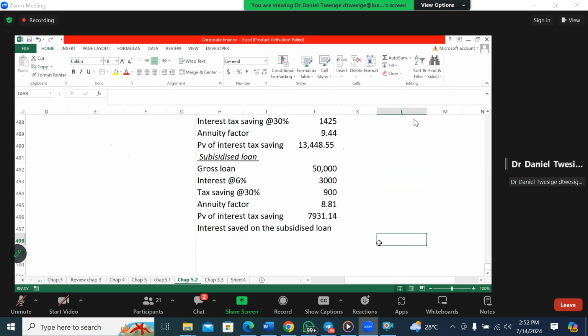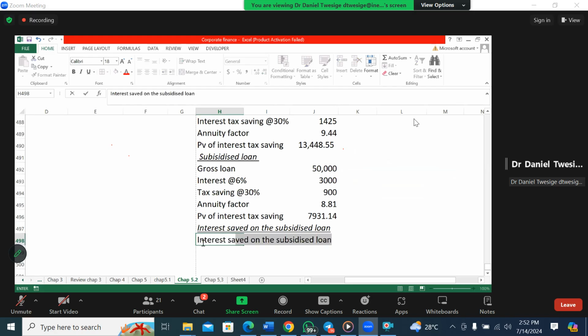How much interest was saved on this subsidized loan? So our interest saving will be 9.5% minus 6%, then times 50.